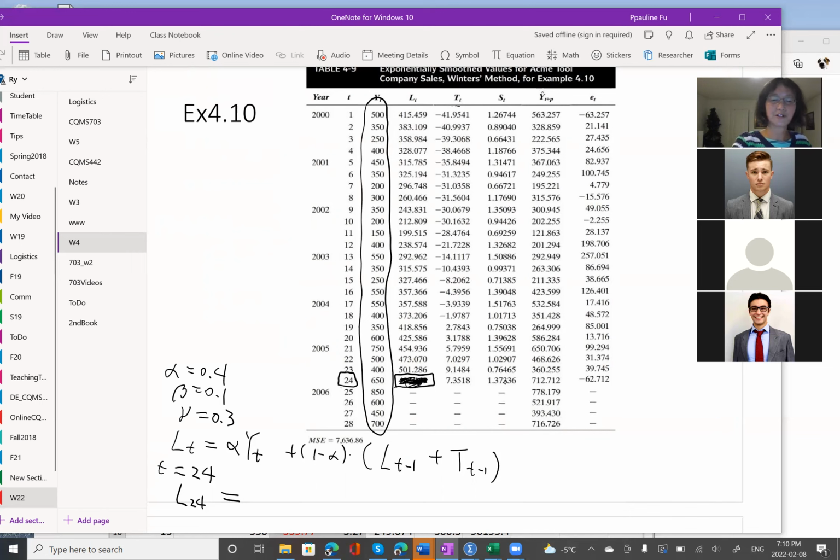That is our question. The formula says alpha times yt. When t equals 24, yt is y24. So 650 is y24. Do you agree? 650, that is yt. And plus 1 minus alpha, which is 0.6, times LT minus 1. When t is 24, t minus 1 is 23.